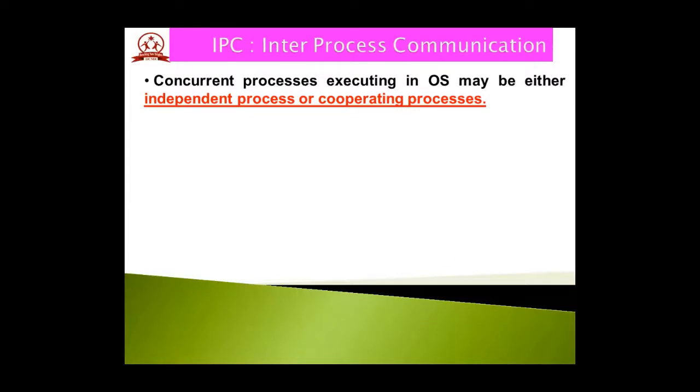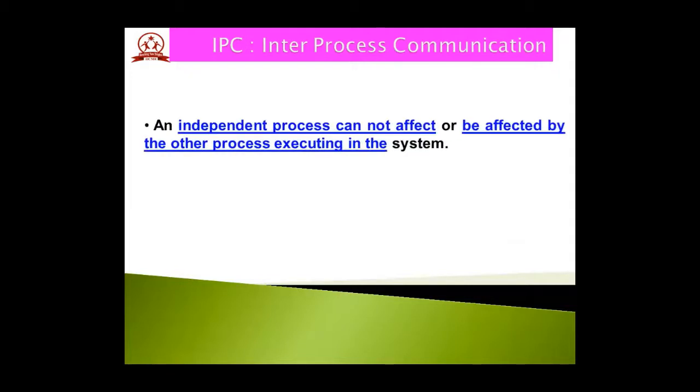Now, concurrent processes executing in an operating system may be either independent or cooperating. Let us try to understand when two processes are called independent and when they are called cooperating processes. An independent process cannot affect or be affected by other processes executing in the system. It means two processes which are not dependent on each other for any resource can be called independent processes.